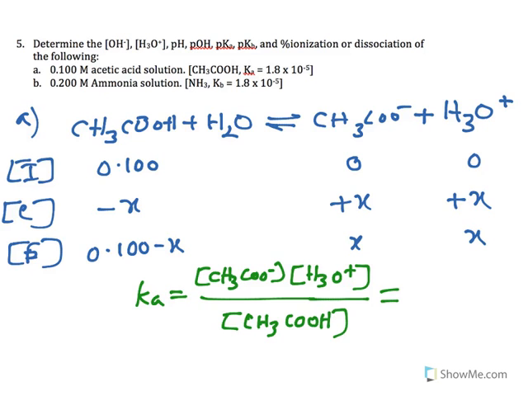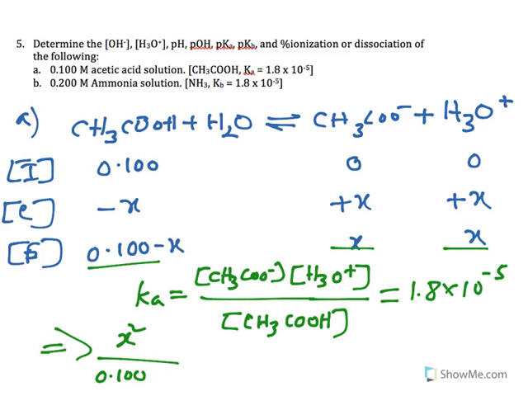That is equal to 1.8 times 10 to the power of -5. We can plug our equilibrium expressions in to get x squared over 0.100 minus x is equal to 1.8 times 10 to the power of -5.